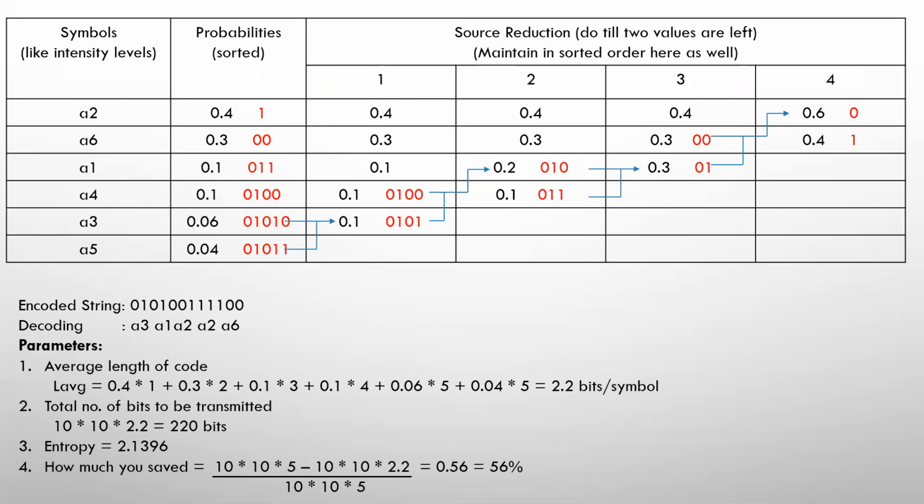We generally say we saved this much amount of bits, but practically you also need to send a key table saying, okay, my A2 is 1, my A6 is 0 0, because otherwise how would my receiver decode these things? So you have to send a table as well. There comes the size of the table, and then you are able to calculate exactly how much you saved. That is something which happens practically, so don't worry about that.